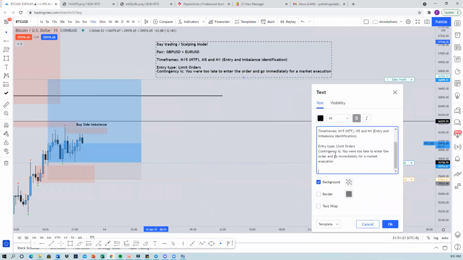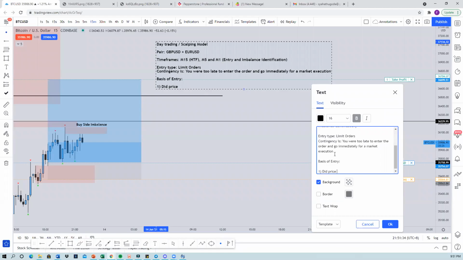Okay. Then you have to see the basis of entry. Number one, questions to ask yourself, right? Did price make an institutional swing high or low on either the STF or LTF?